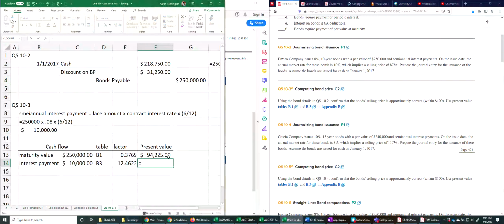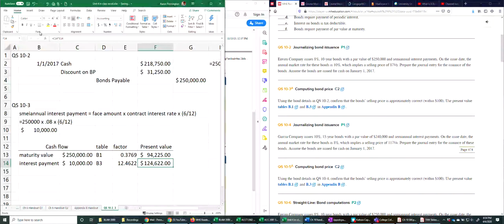Then we'll do the same for the interest annuity. $10,000 payments every 6 months for 10 years is worth $124,622.